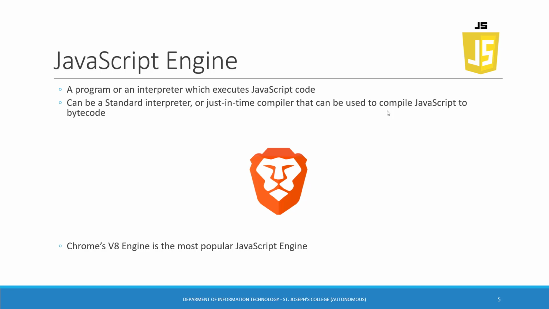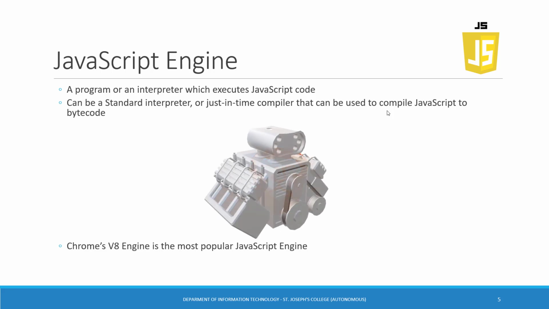A JavaScript engine can be implemented as a standard interpreter or a just-in-time compiler that compiles JavaScript to bytecode in some form. There are actually several different implementations of JavaScript engines, but by far the most popular version is Google's Chrome V8 engine.